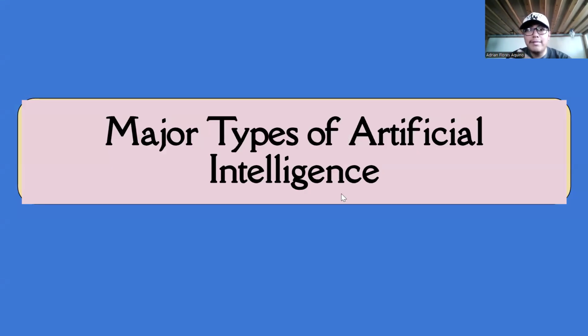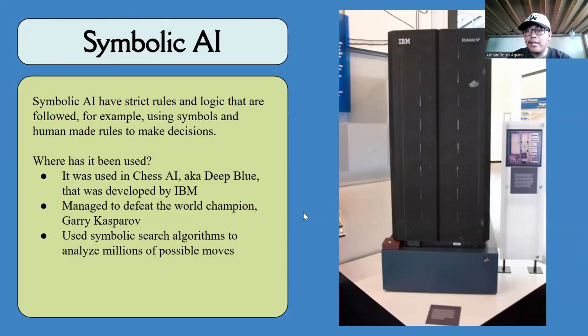And there are two types of artificial intelligence that I want to talk about, the first being symbolic AI. This follows the strict rules and logic that are created by humans, which give it its rules. So depending on what rules the humans make, the artificial intelligence would follow them and use different ways to find different probabilities or different types of moves, depending on what it's being used for.